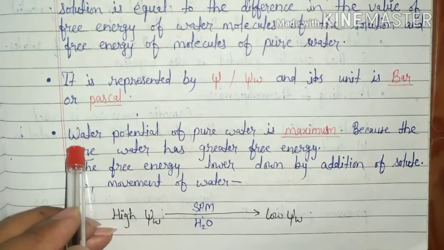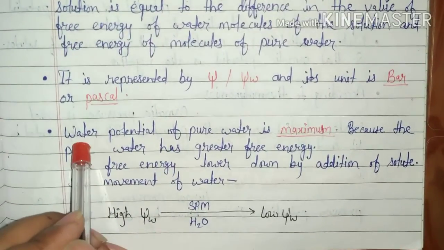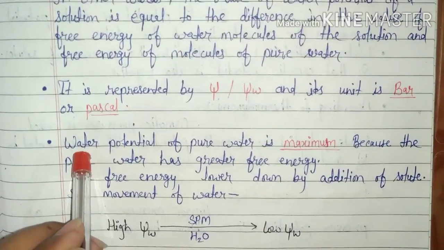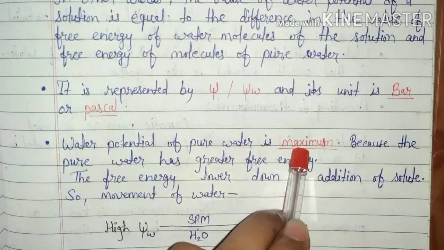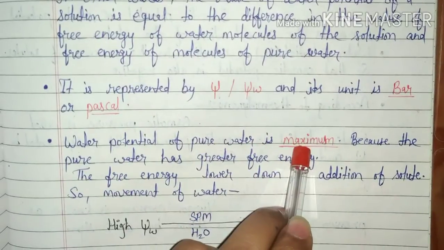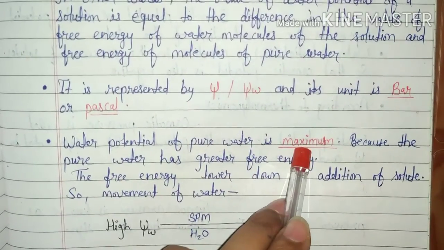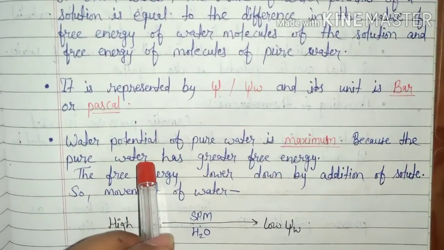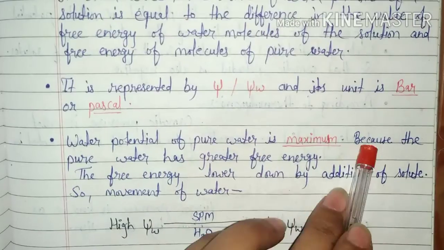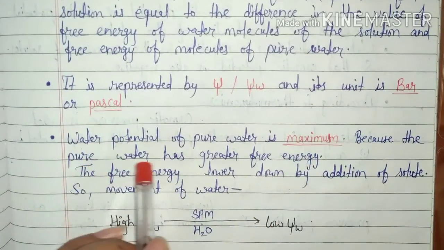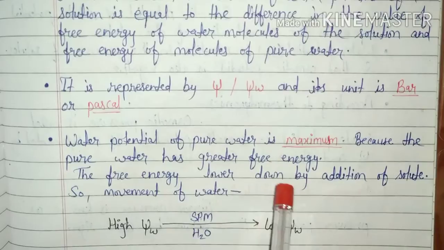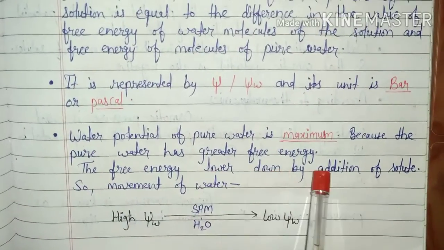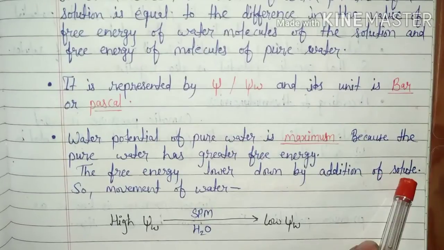Important point: the water potential of pure water is maximum. It means the free energy of pure water is maximum because pure water has greater free energy. The free energy is lowered by the addition of solute.